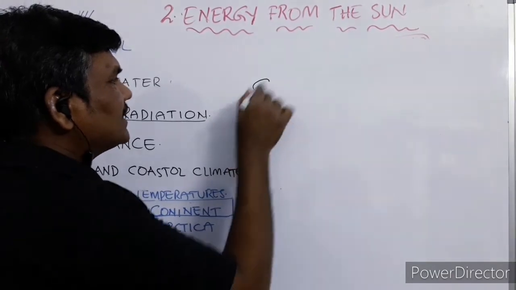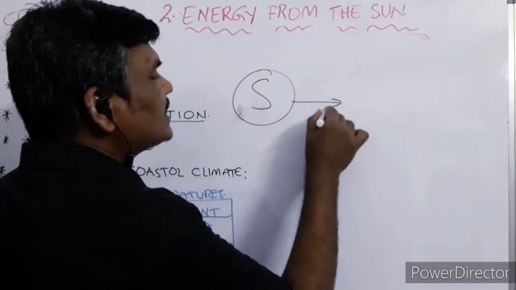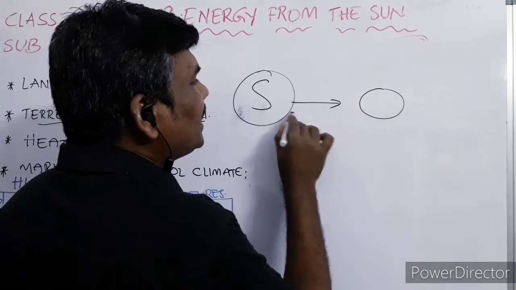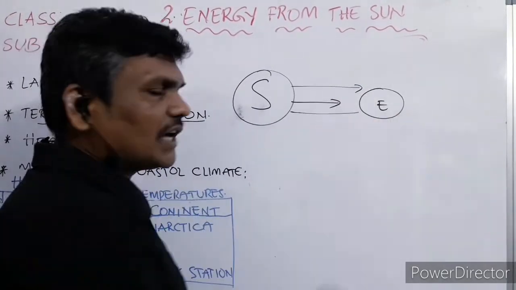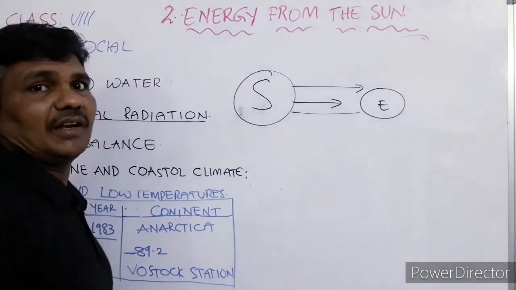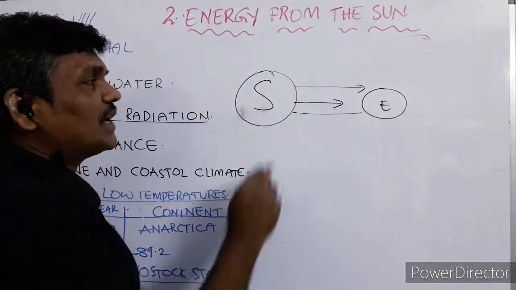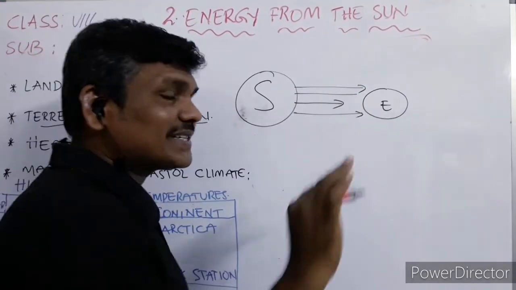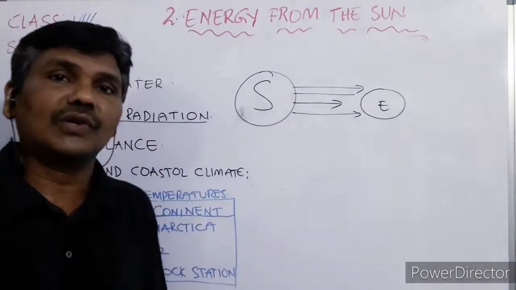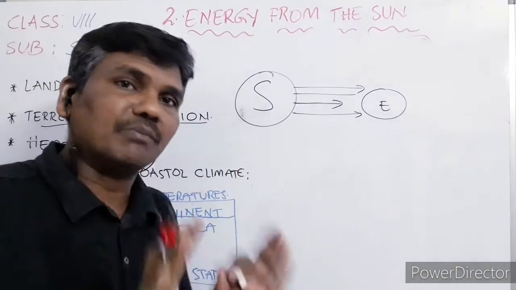Imagine the sun is there. The sun is hitting only the surface of the earth, but not the atmosphere. Whenever the sun's rays come, they first touch the surface of the earth only, not the atmosphere.